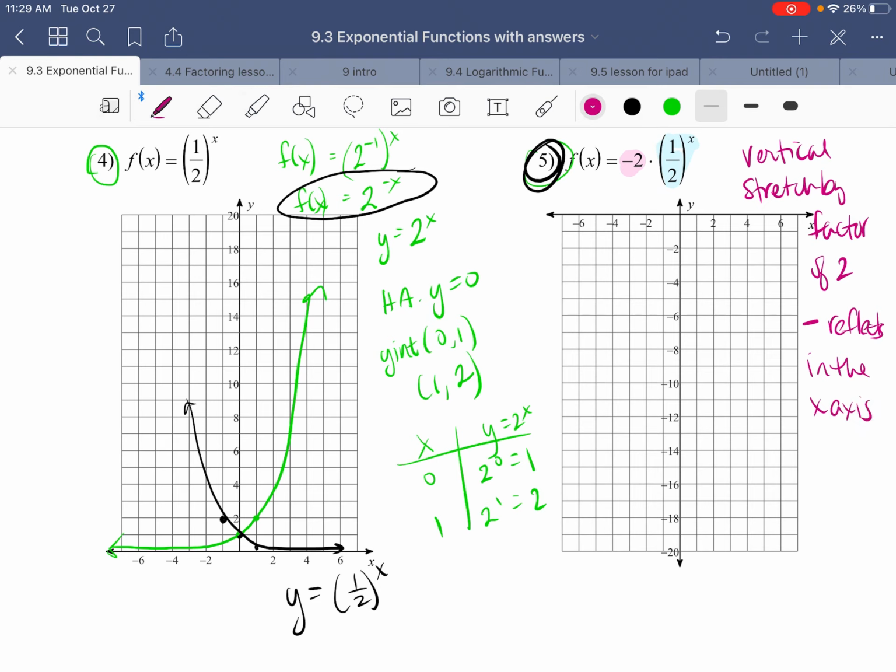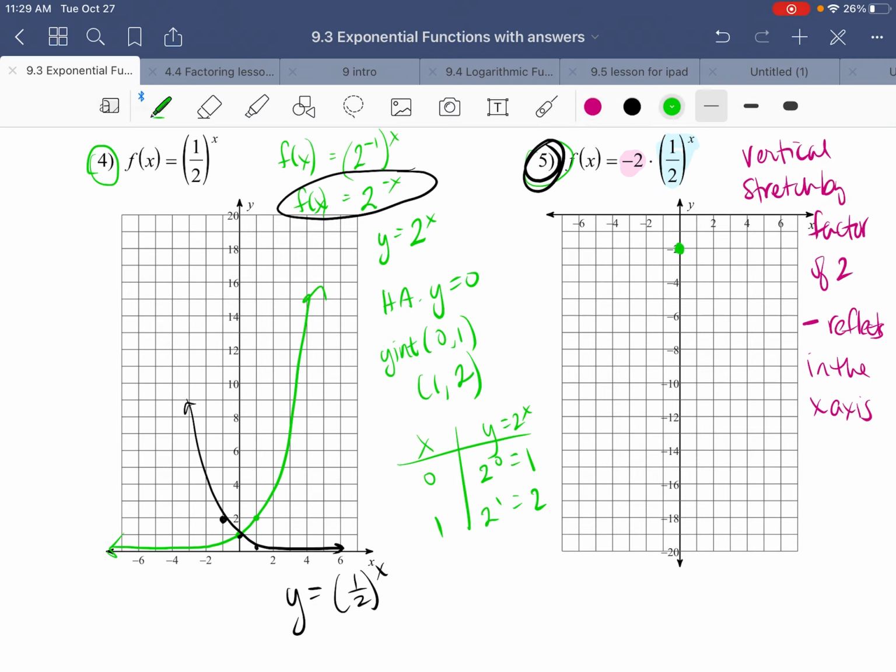So I'm going to take that black graph right here. We're going to stretch it by a factor of 2 and flip it upside down. So if you want to, you can make a little table of values, but here's what I know. The horizontal asymptote is going to be the same. And instead of having a y value of 1 here, I'm going to have a y value of -2.